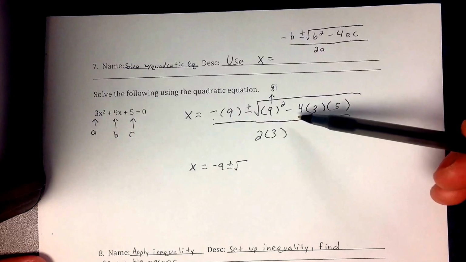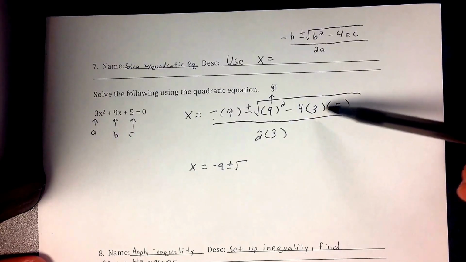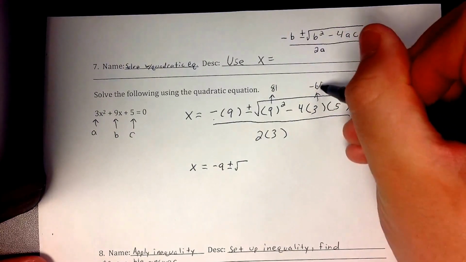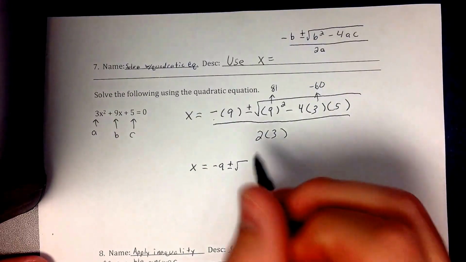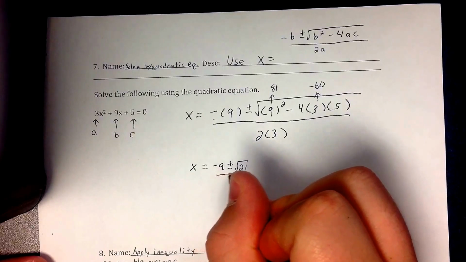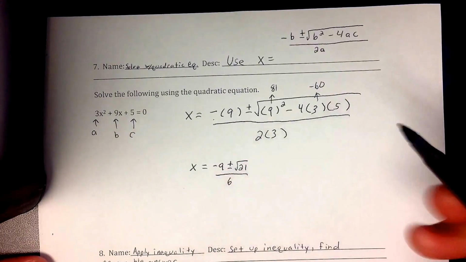So negative 4 times 3 is negative 12. Negative 12 times 5 is negative 60. And then I'm going to combine 81 and negative 60 to get 21. And then that's all over 2 times 3, which is 6.